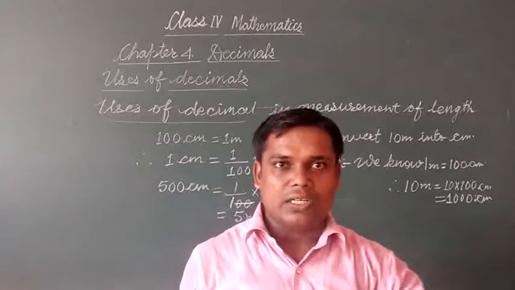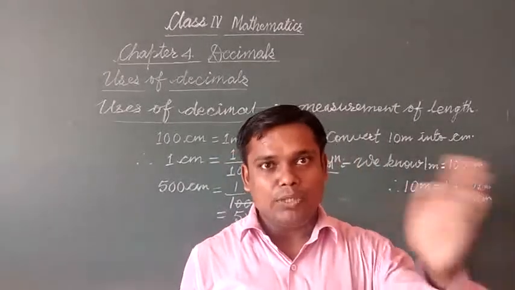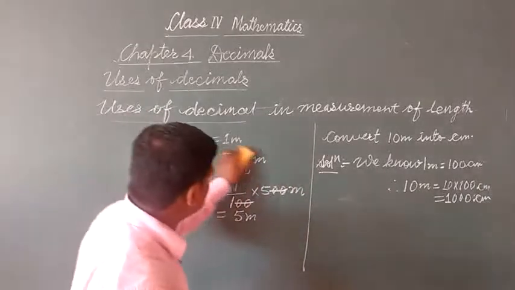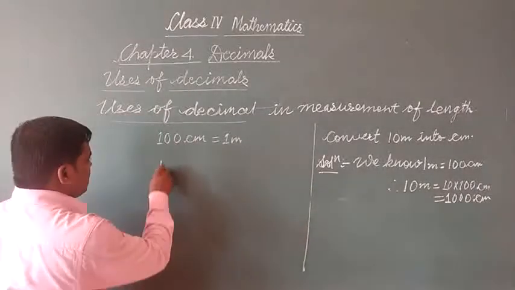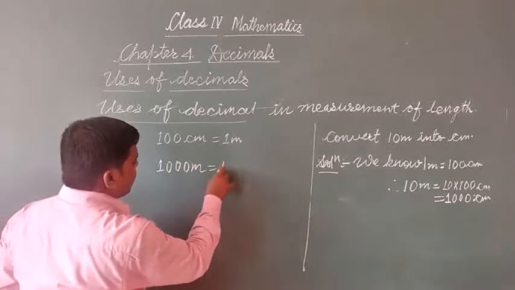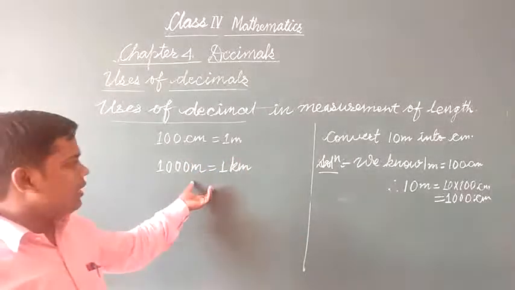Similarly, you can convert from meter to kilometer and kilometer to meter. You have to remember the relation: 1000 meter is equal to 1 kilometer.